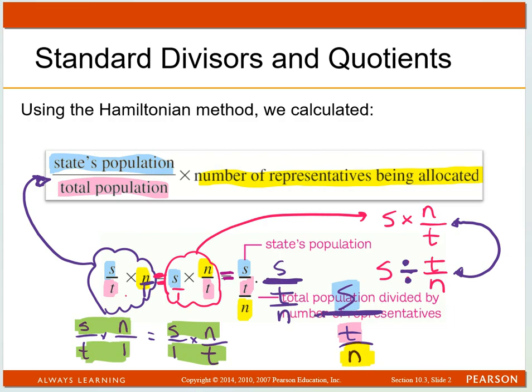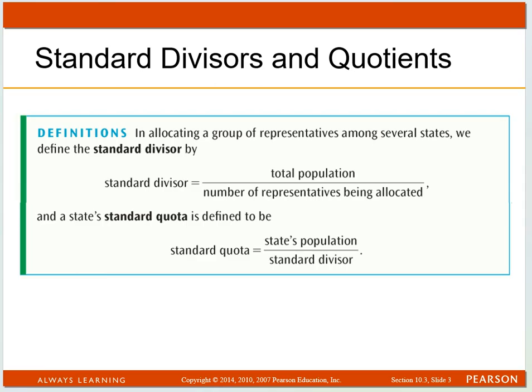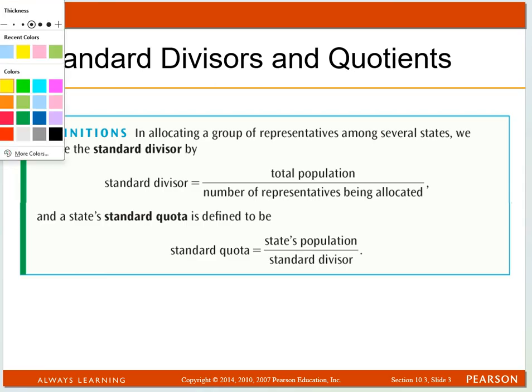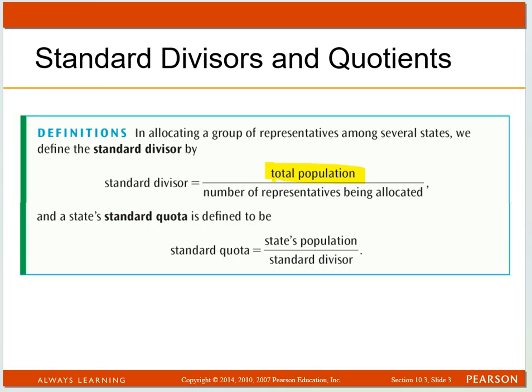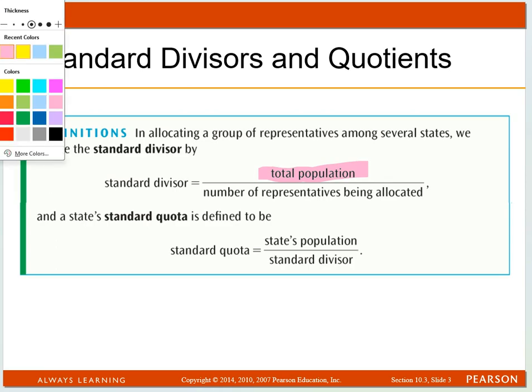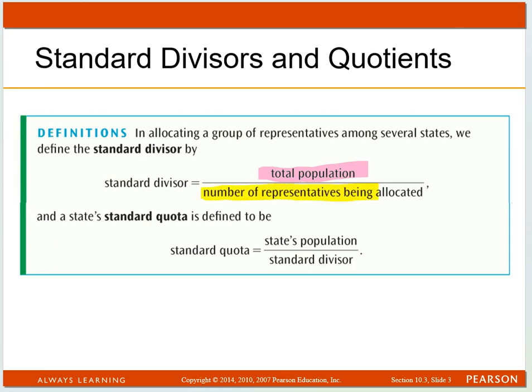Okay, so this division line is really important. What they're going to do is calculate that on the bottom and divide it into S. The denominator is the total population, which was the pink, divided by the number of representatives.